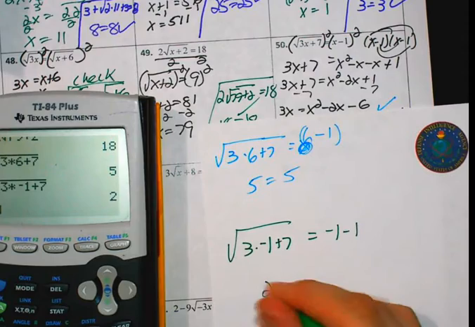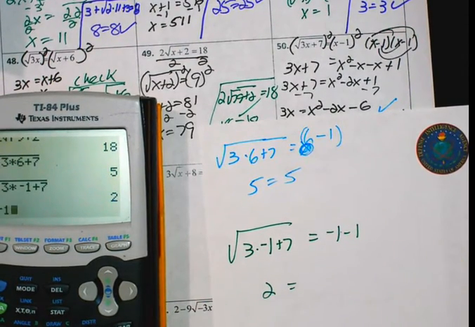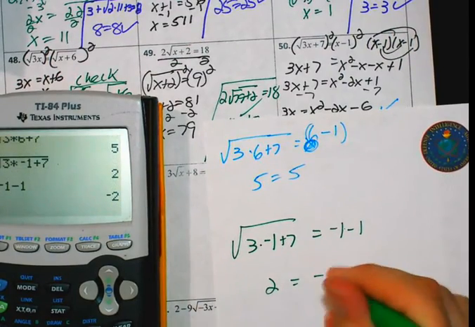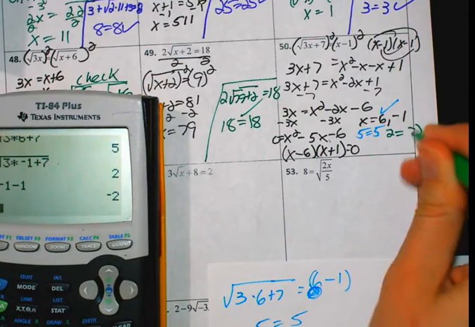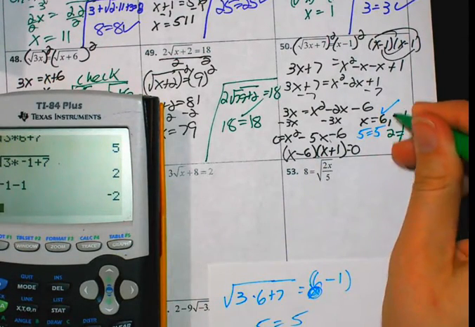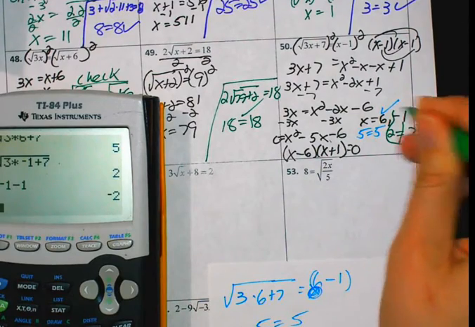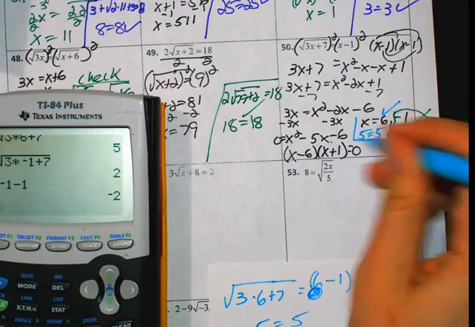That gives me 2. Negative 1 minus 1, if you're not sure, put it in the calculator, gives me negative 2. 2 does not equal negative 2, so this one does not work. This one is an extraneous solution, so we're going to mark through that one. That one doesn't work, but x equals 6 does work.